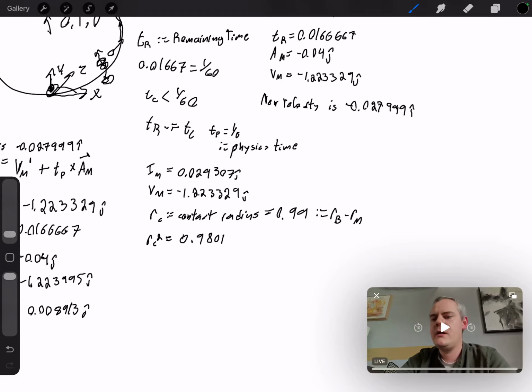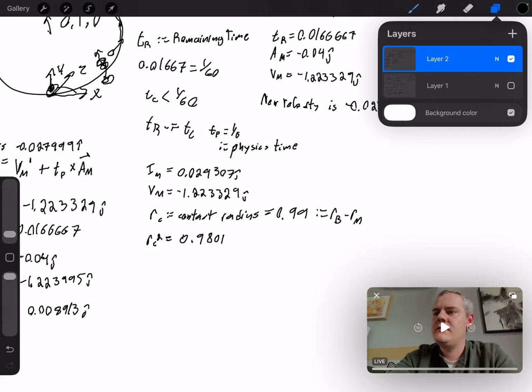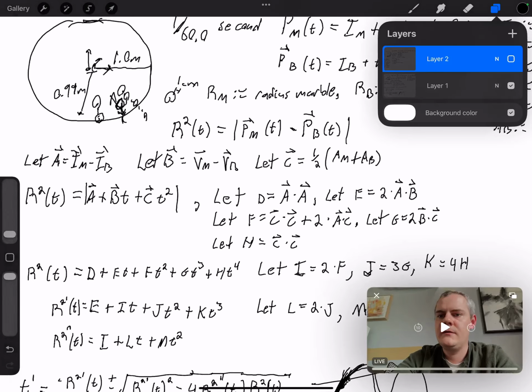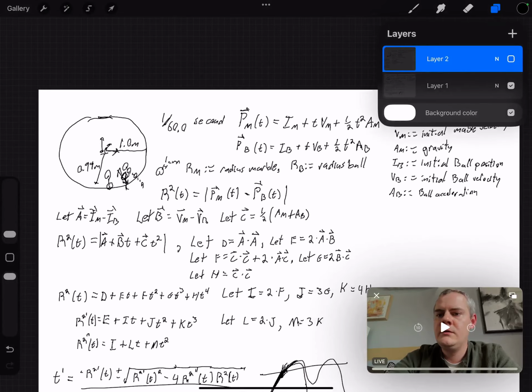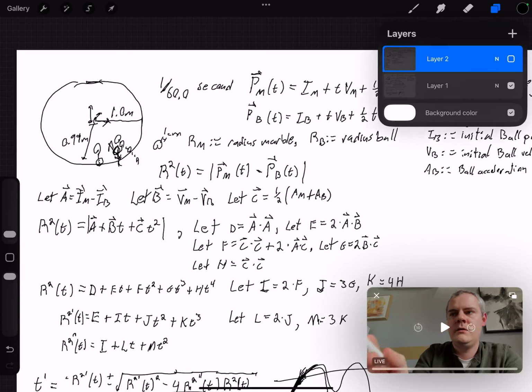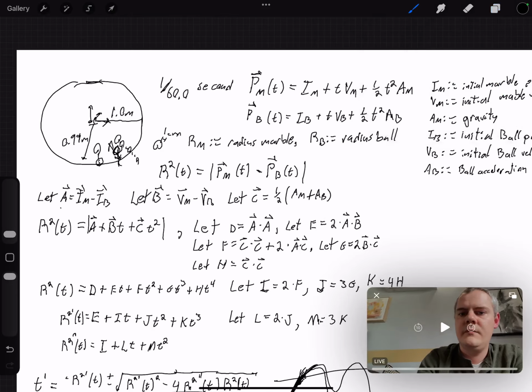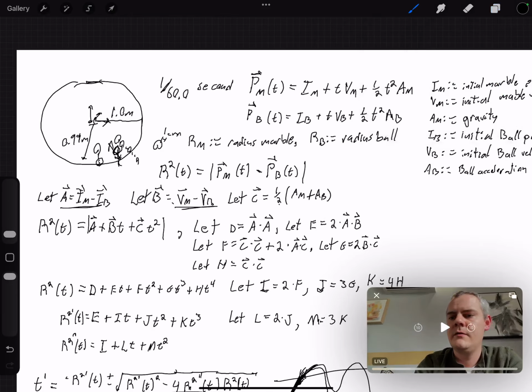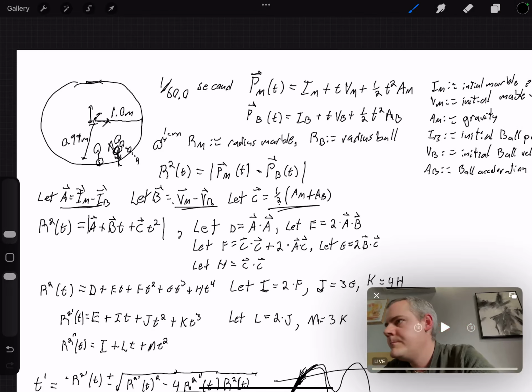We had derived on the previous page that one of the early, actually I have it here, why am I talking in hypotheticals? There's this term here, and this term here.